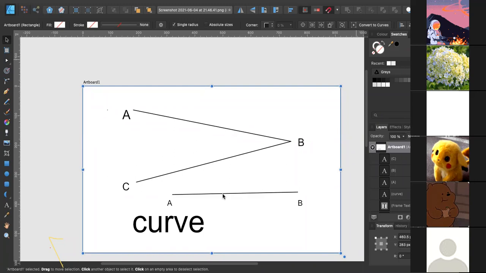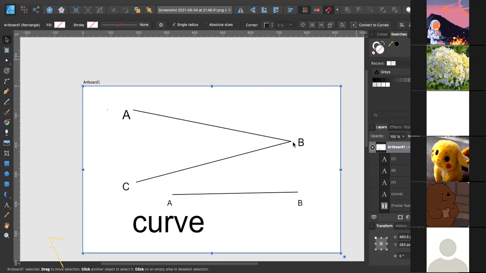But a straight line is a special curve which has no bend, whereas any other curve has a bend. Now I think there was one question, that I don't see a bend between A, B, C, but there is a bend, and this bend is called a very acute bend.